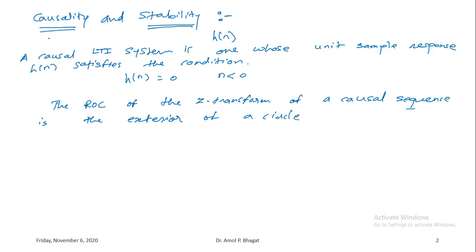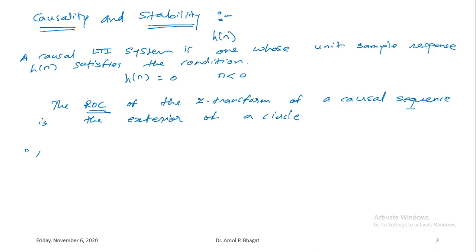So here we are defining the causality of LTI system in Z domain by using its region of convergence, that is ROC. Okay, so we can state that LTI system is causal if and only if ROC of the system function is the exterior of a circle, right?